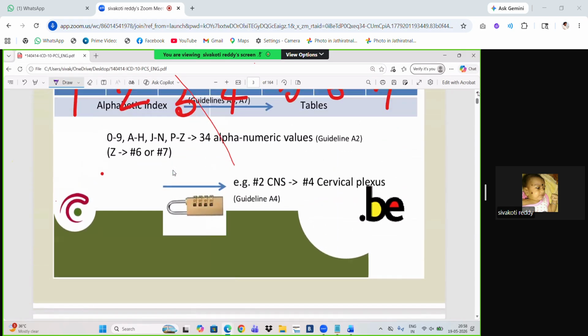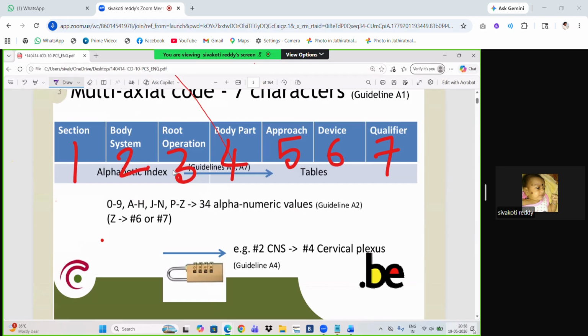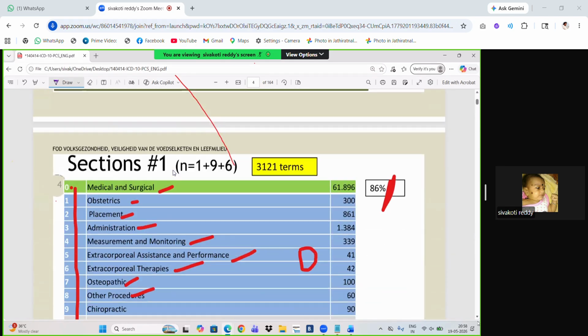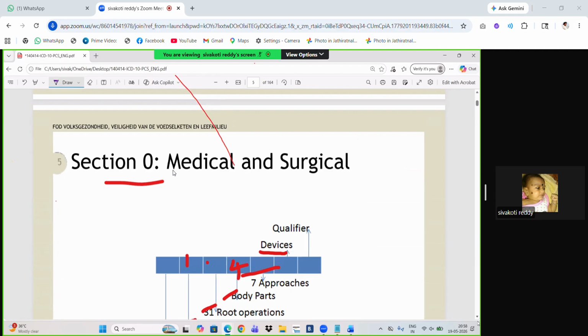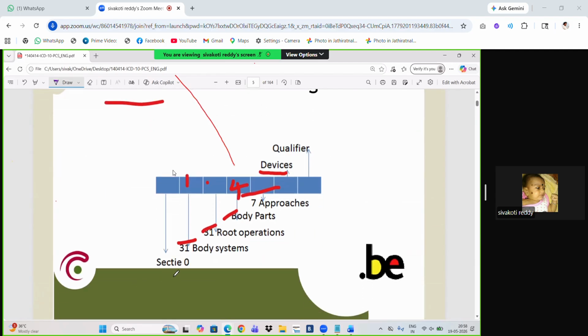So as of now, we discussed 6 characters, right? Except root operation, we discussed all of them. Surgical section 0, medical and surgical. 31 body systems I explained. 7 approaches. And the meaning of body part, device, qualifier.